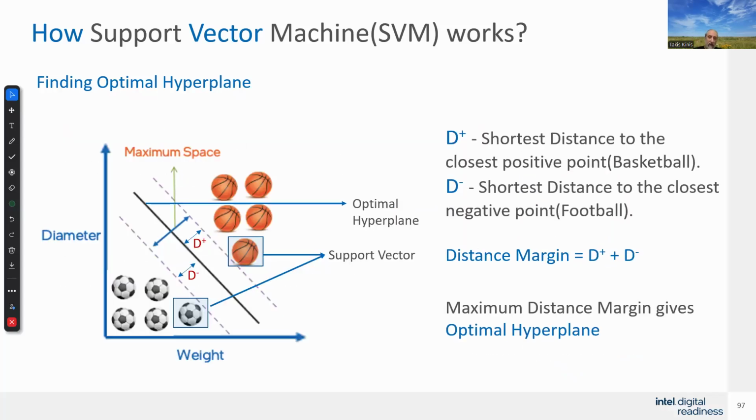Now, the shortest distance to a basketball, the shortest distance to a football, so to speak, is determined by that D minus or D plus. And basically the values that give us the maximum D on both sides are the ones that dictate the optimal hyperplane. That's kind of a weird thing to say.